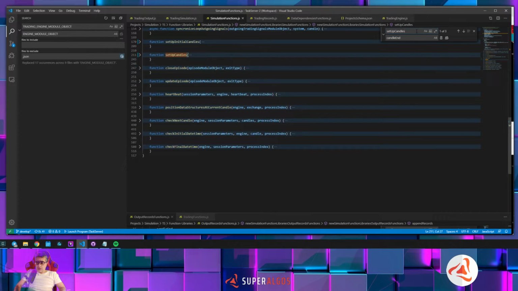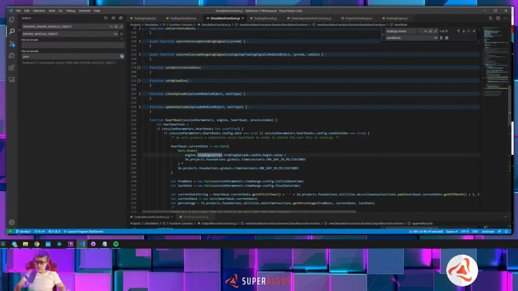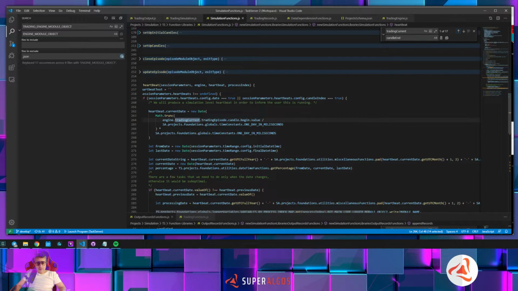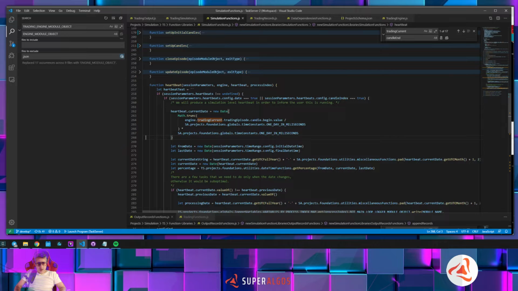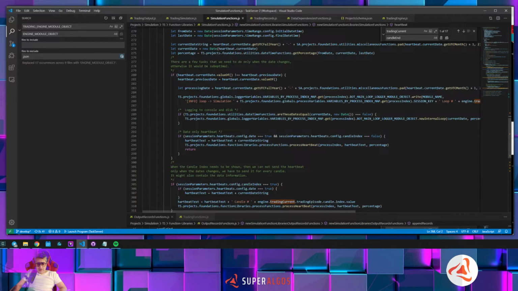Then trading current, heartbeat. So here we need the candle begin or the episode candle, let's say.